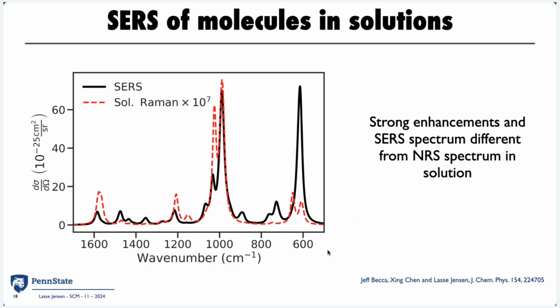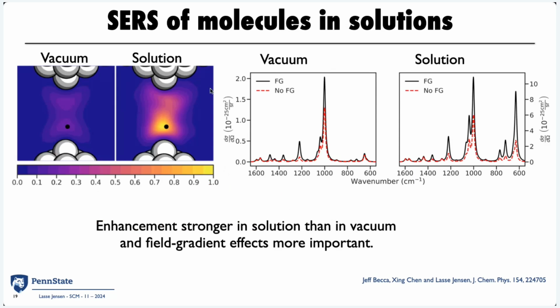So we see a large enhancement that again comes from this local field, but it's strongly perturbed by the solvent molecules. And we can show this again, that if we consider the local field around the presence of the molecules, the black dot on the left represents the center of mass of the pyridine.